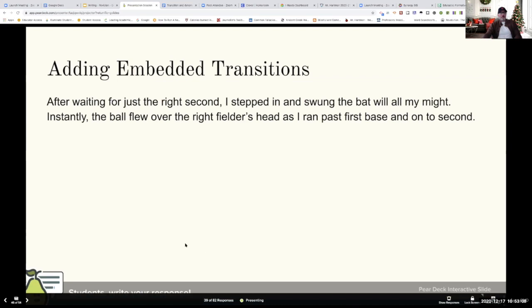If you came up with that snap judgment right away, "after waiting" would be your transitional phrase, then "instantly" and "as." So: after waiting for just the right second, I stepped in and swung the bat with all my might.